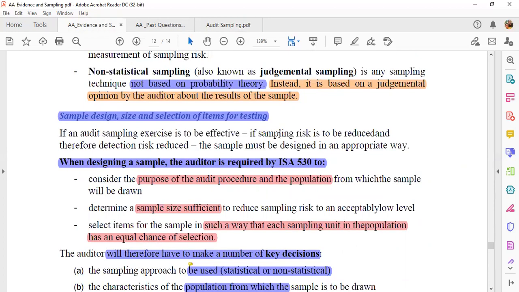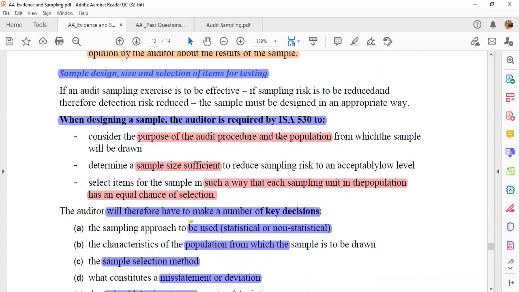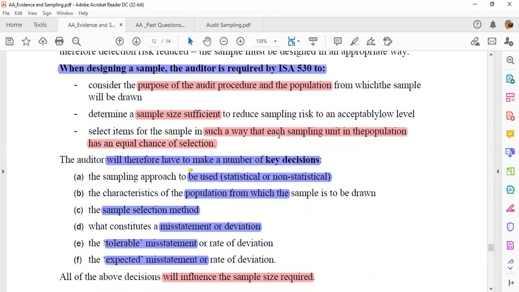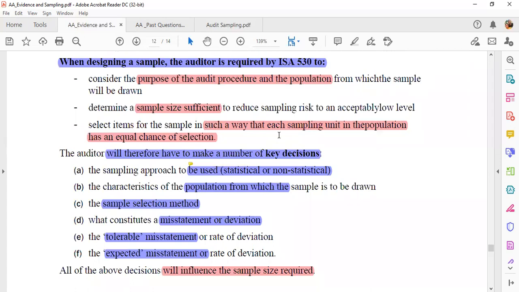What are some of the issues that you need to consider? What are the key decisions when you're developing your sample? The purpose, what sample size is sufficient to reduce the sampling risk, and using systematic sampling where each item in the population has an equal chance of being selected.